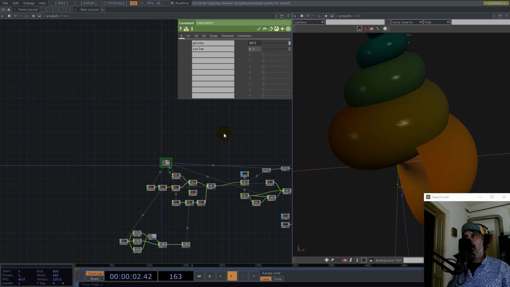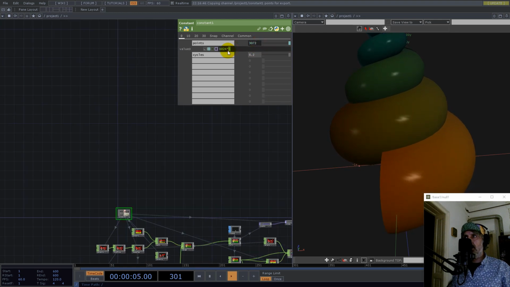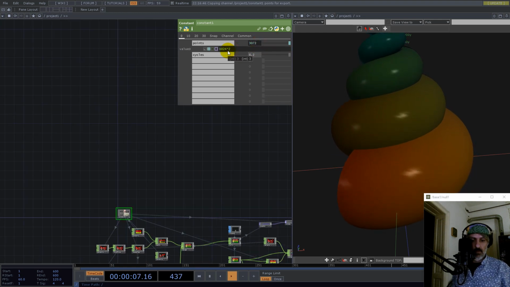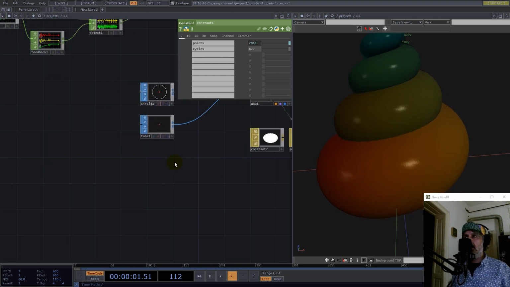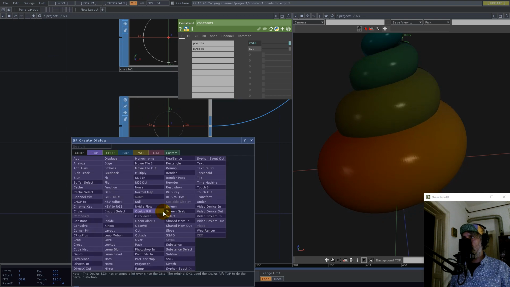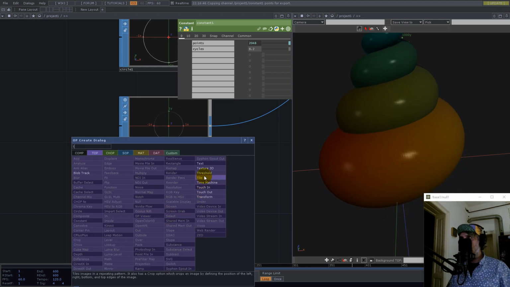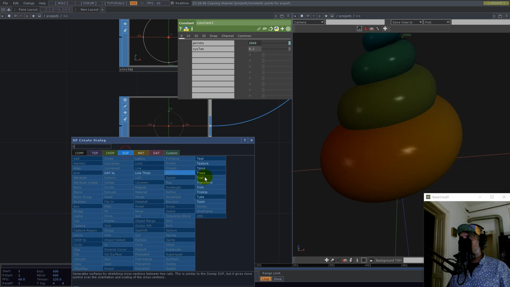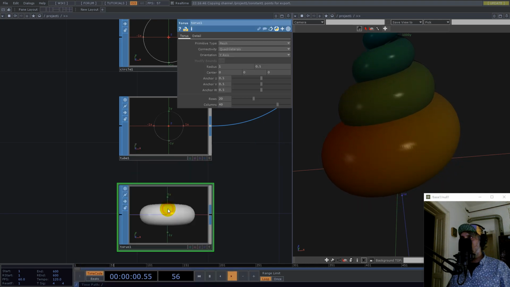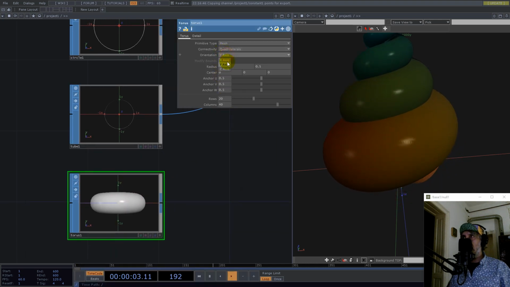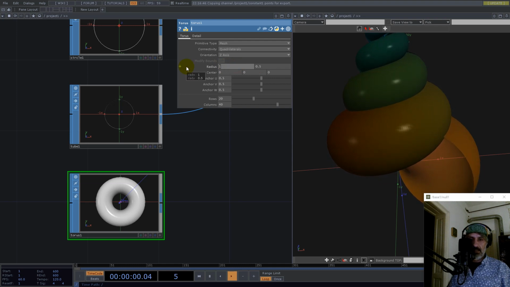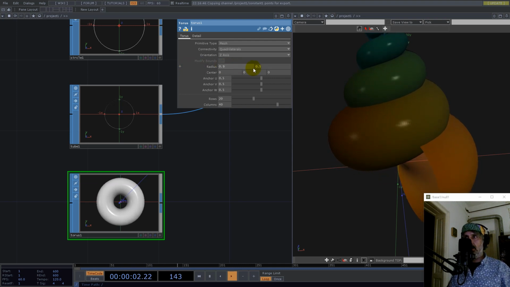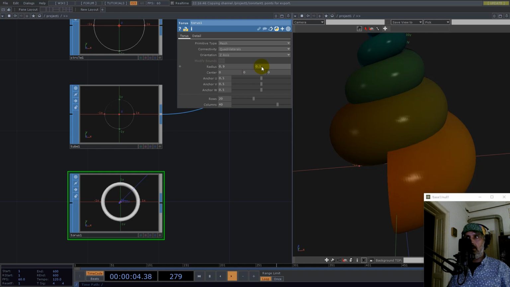Okay, and let's try another type of geometry. Here would be a torus. So if I take a torus, and let's have it on the z-axis, and radius it's 1. First one, let's say 0.9 and 0.1.